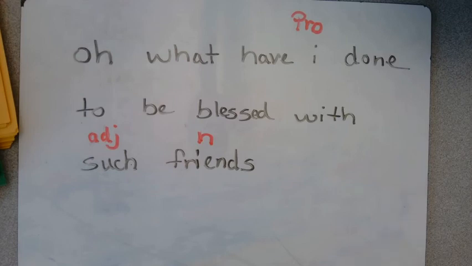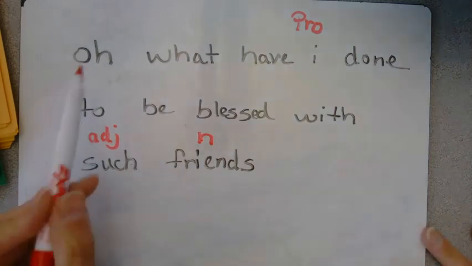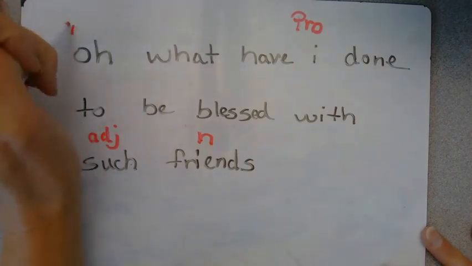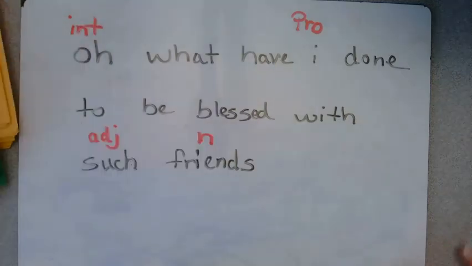A classic one I like to talk about is Homer Simpson's "Doh," right? He uses that in front of a lot of things. Or the exclamation "Eek!" if you see a spider. Those are interjections, okay? And you know what? I see a classic interjection here. The classic interjection is O. So interjections we mark with an INT, okay?